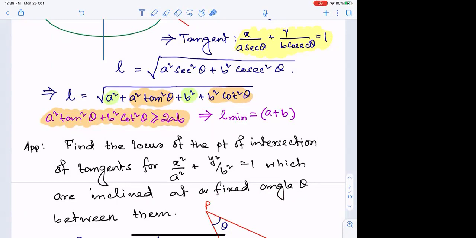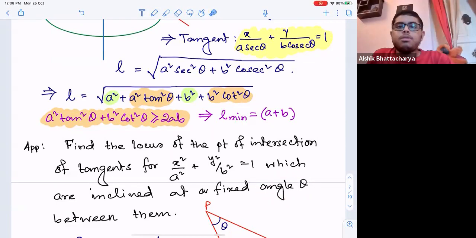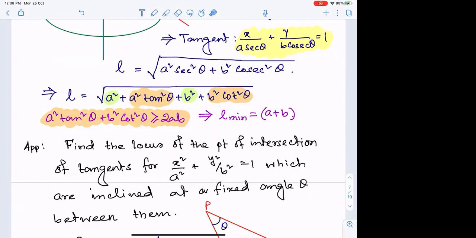If two straight lines have angle theta between them, what can we conclude? That tan theta is equal to, can you recall? Tan theta equals modulus of m2 minus m1 divided by 1 plus m1 m2. Very good.